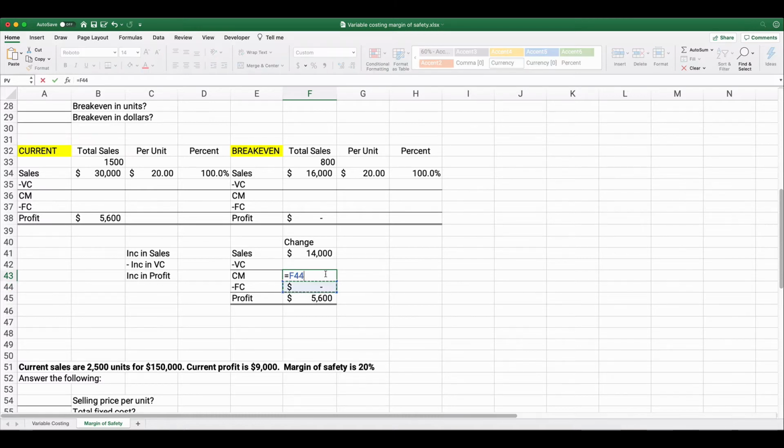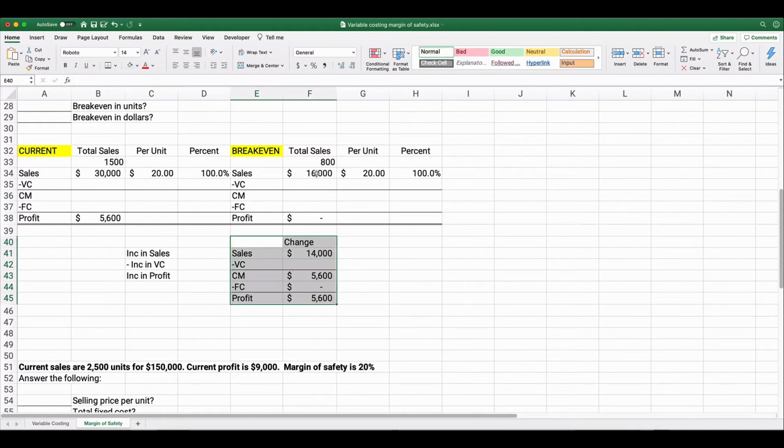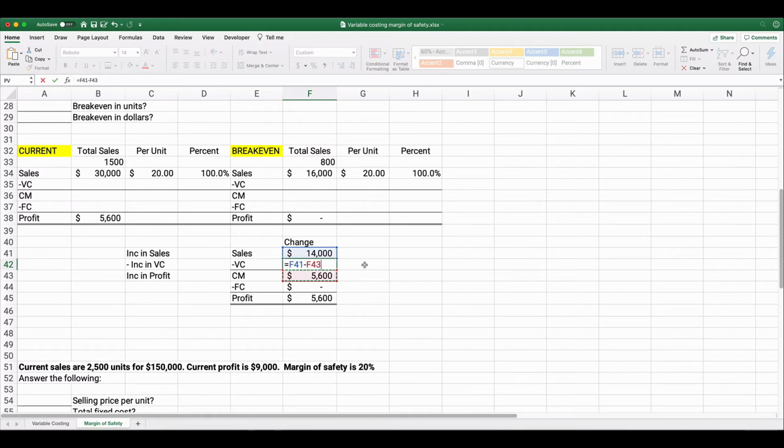So the 0 change in fixed cost and the 5,600 change means the change in contribution margin is going to be 5,600. This is the difference in this total and this total, so it has to all be variable cost. The 14,000 minus the 5,600 means our variable cost must have been 8,400, the difference.